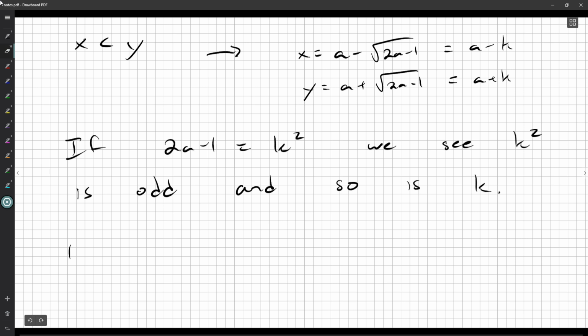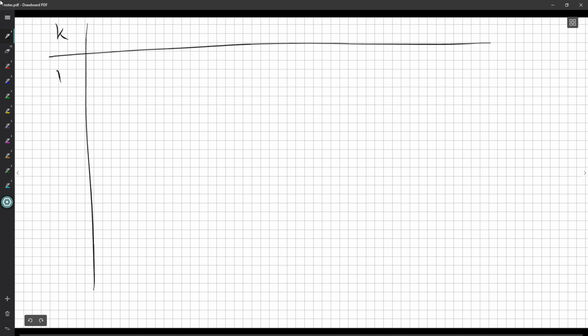So that actually limits the k's that I need to check, because there's got to be some upper bound. So k could be 1, 3, 5, 7, 9, 11, 13. Eventually, we're going to run into problems because y limits us. Y has to be less than 50.